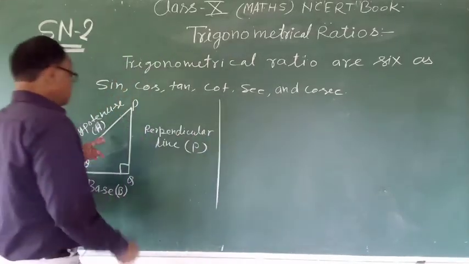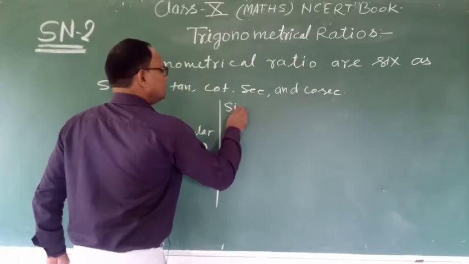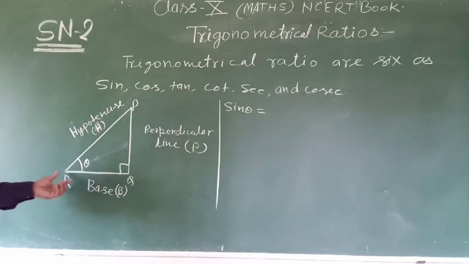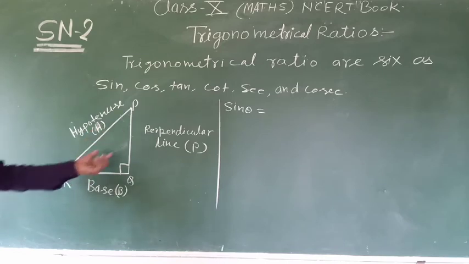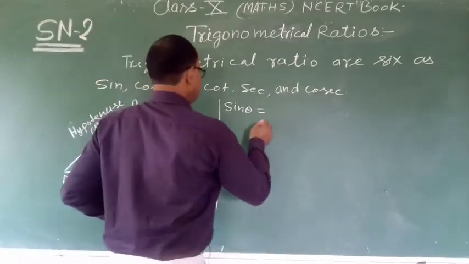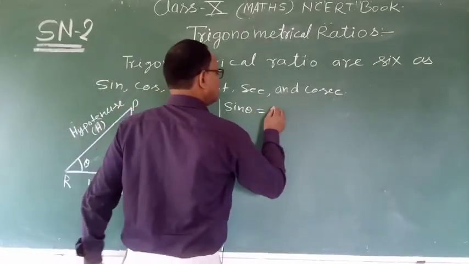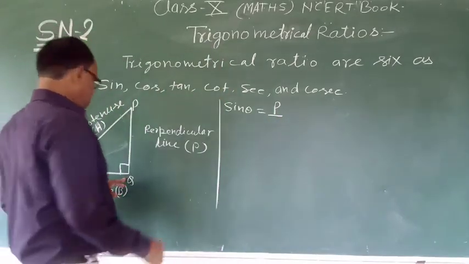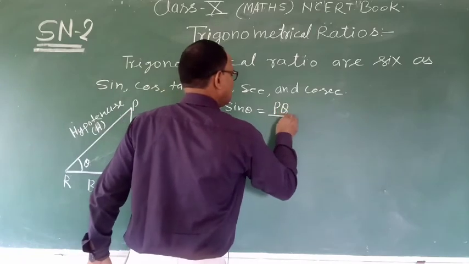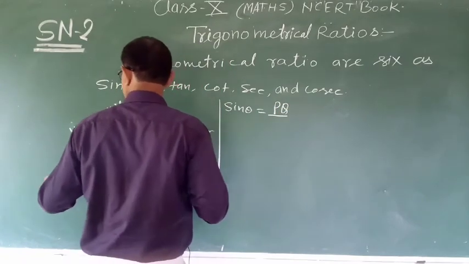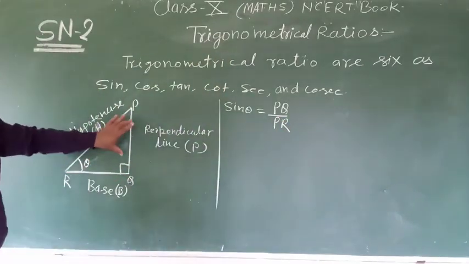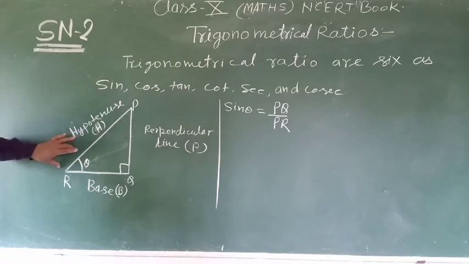Here, for the sin theta ratio, we can write the ratio on the sides of the triangle, angles and sides. PQ perpendicular line by PR hypotenuse.